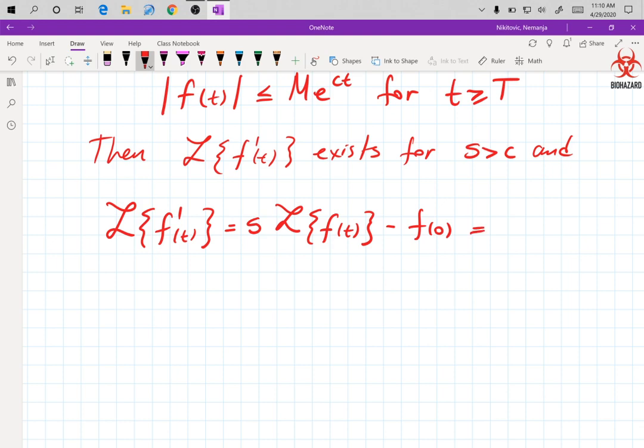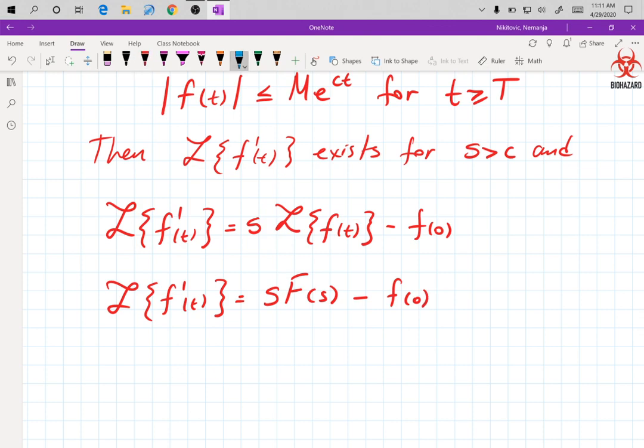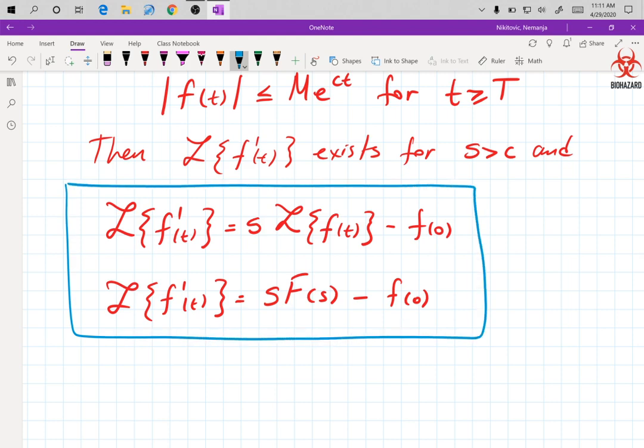You can also write that as Laplace of f prime of t is equal to s F of s minus f of 0. You can write it in any of these two forms. Doesn't matter which one you want.